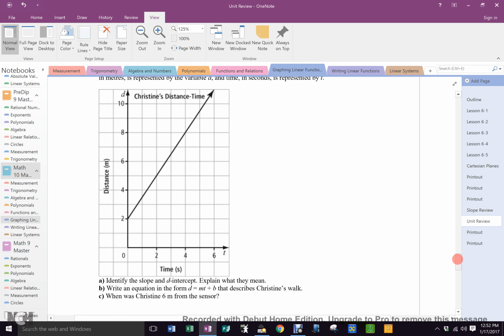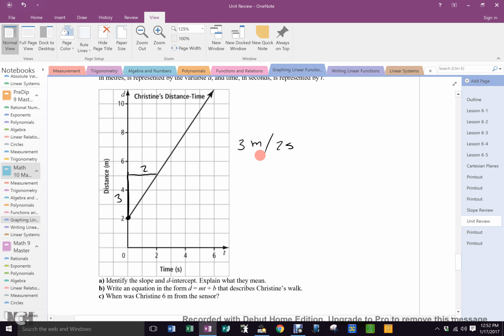What is the slope and the y-intercept? What's the slope? What's every slope? Rise over run. Start there. I go up 3, and I run 2. Correct? So that means for every 2 seconds, she goes 3 meters.